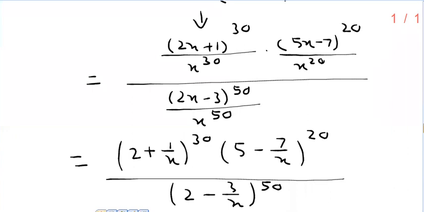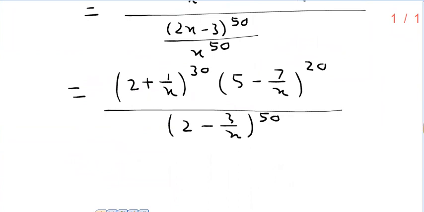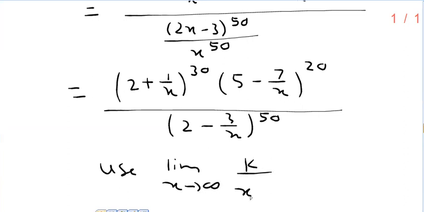Now use the standard limit. So what is that? Limit x tends to infinity, k non-zero real number upon x raised to p is equal to 0, p has to be greater than 0.